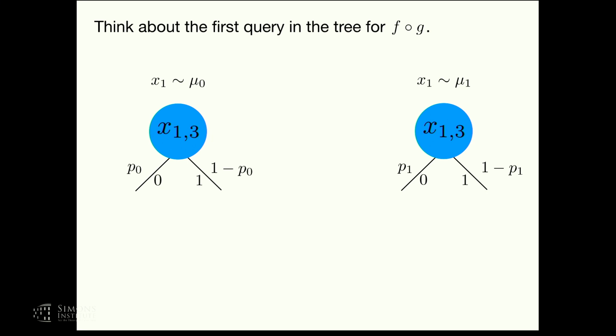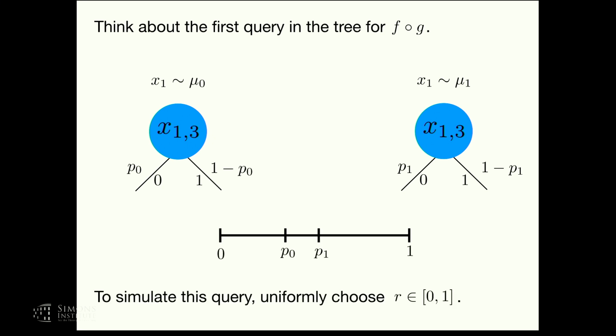Let's focus on this very first query, the top query. Say if g of x1 is drawn from mu0, maybe the probability that x1's query bit is 0 is some number p0. If x1 is drawn from mu1, so g of x1 equals 1, the probability that it is 0 could be something else, p1.